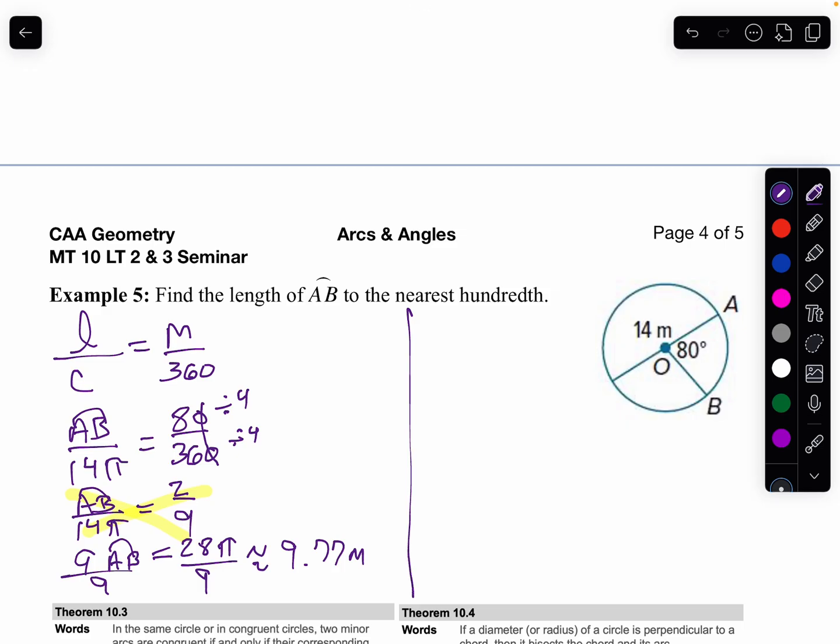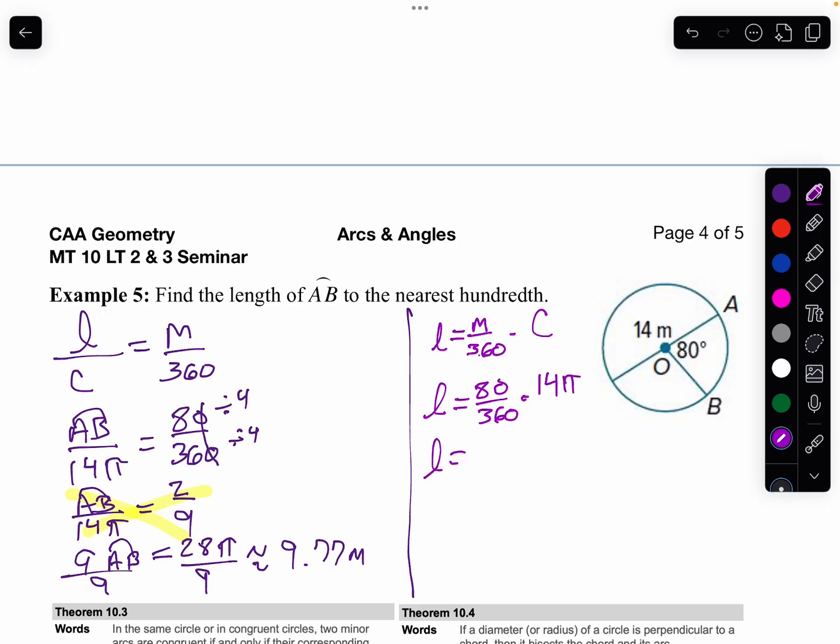The other way to do it, I like to think I'm going to do it as a fraction. So I'm going to say the length of my arc equals m over 360, the fraction of the circle, times my circumference. So m is 80 over 360 times my circumference, which is 14 pi.